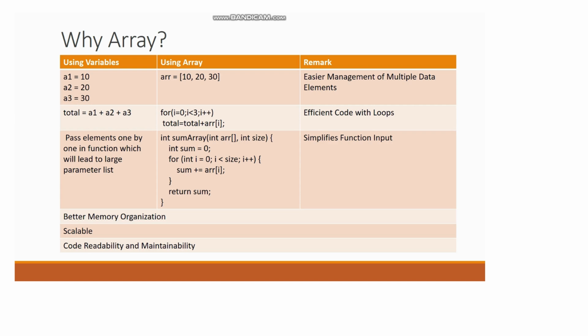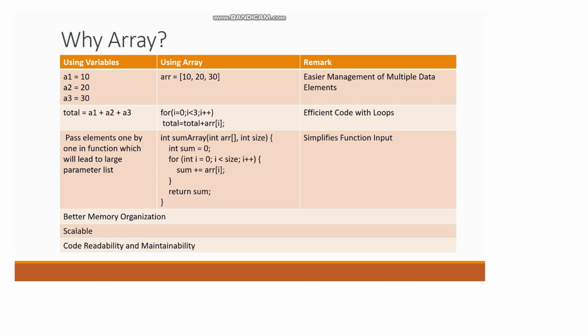For that purpose also, we can use an array along with a for loop or any other loop. So it is again efficient with loops. That is, an array can be used efficiently with loops.